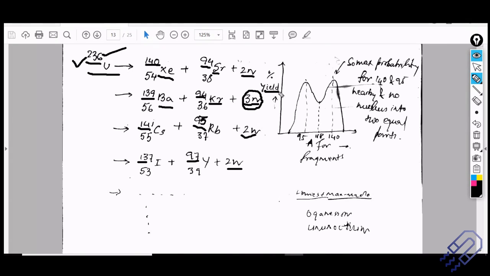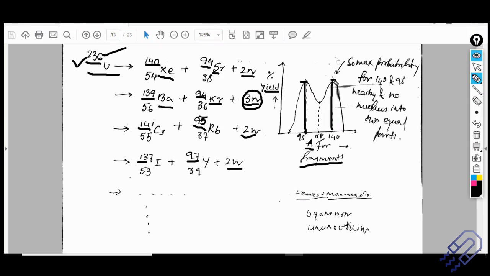If we plot a graph of yield, what do I mean by yield? Generally, you can say that this is a probability: the probability of getting a nucleus after fission of uranium 236, plotted with respect to the mass number of the fragments. It was seen that most of the time, this is the highest probability here, the fission fragments have a mass number combination of 95 and 140.